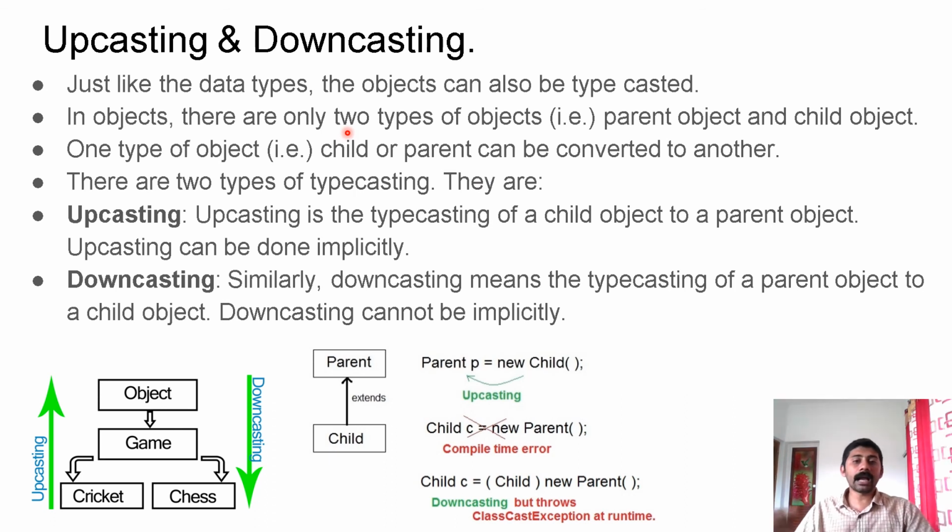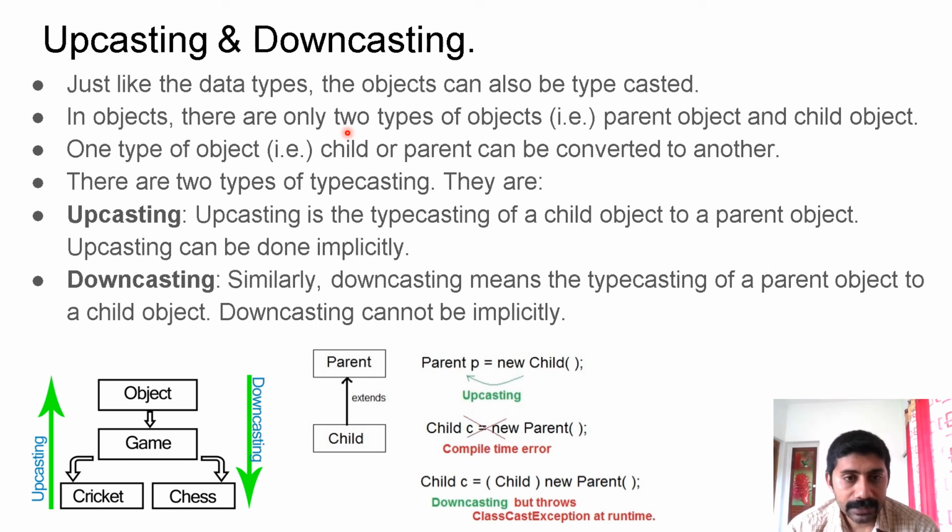Now there is something like upcasting and downcasting. Till now, we learned about type conversions in the case of primitive data types. In the case of non-primitive data types, that is in the case of classes also, this type conversion concept is there. Just like data types, objects can also be typecasted.